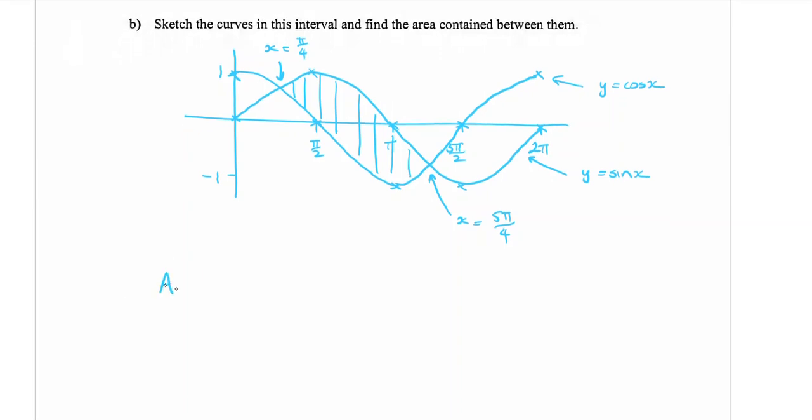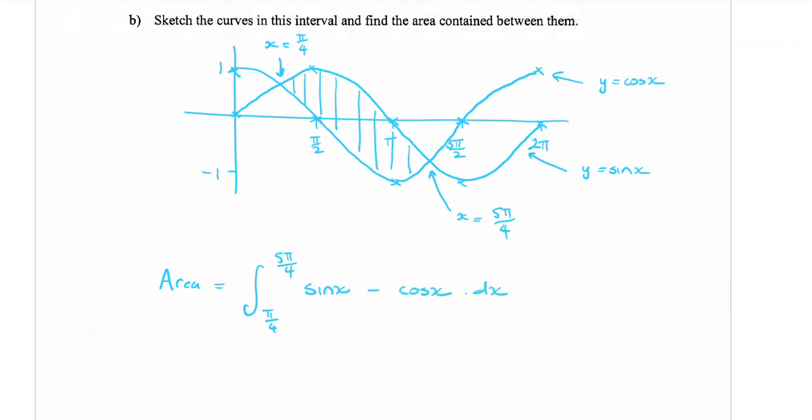So area equals, I'm integrating from pi over 4 to 5 pi over 4. The curve that is on top is sine. Sine x, and then minus the cos x that's underneath, dx.